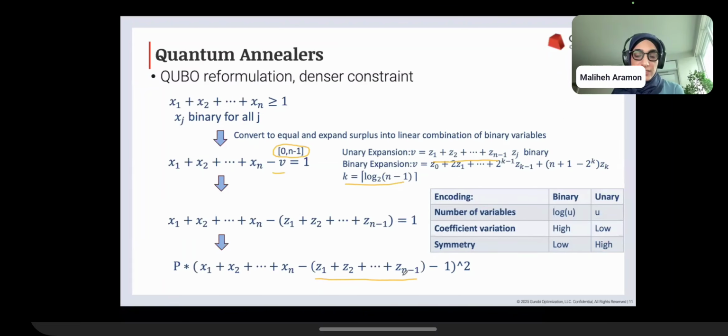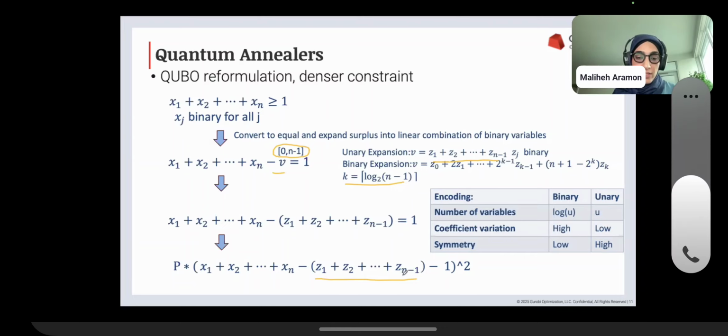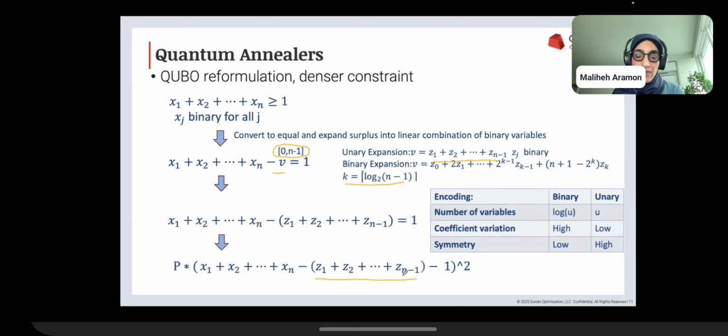If you go back to this slide, I just wanted to say that when we are deciding which encoding to choose, when we are working with classical algorithms, for example, such as Gurobi, and we wanted to solve a QUBO with Gurobi, this decision is probably easy because we say, okay, binary, it has low symmetry and the number of variables is much smaller, so we will go for that.